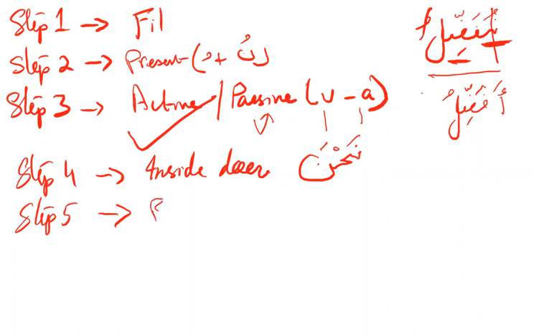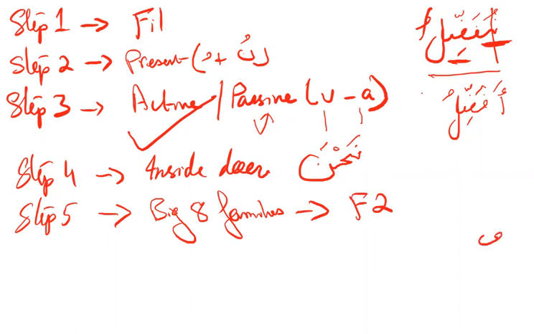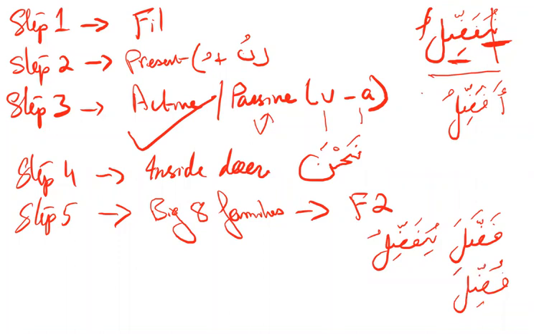So this is the Big 8 families. It is family 2 because you have the shadda but no ta. So faddala, yufaddilu, fuddila, yufaddalu.